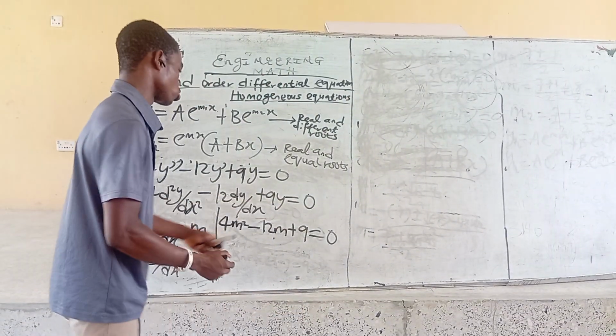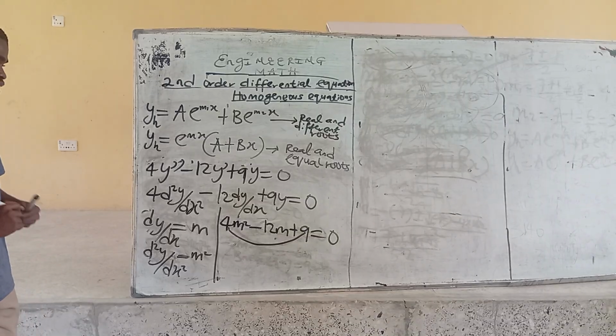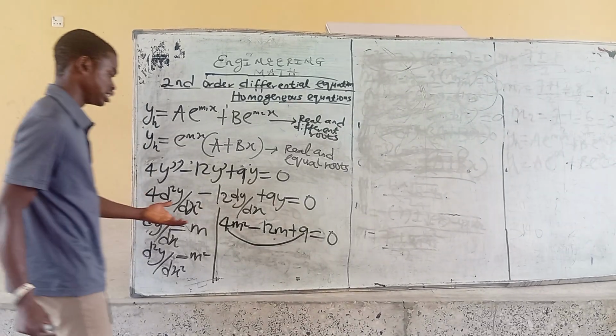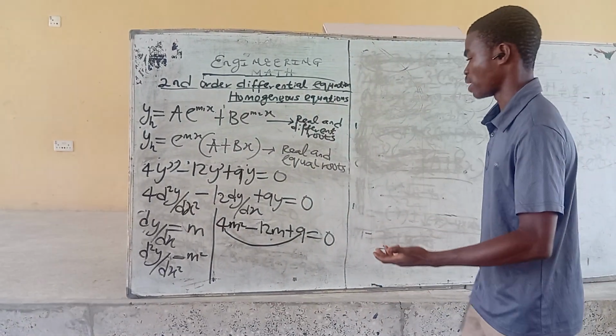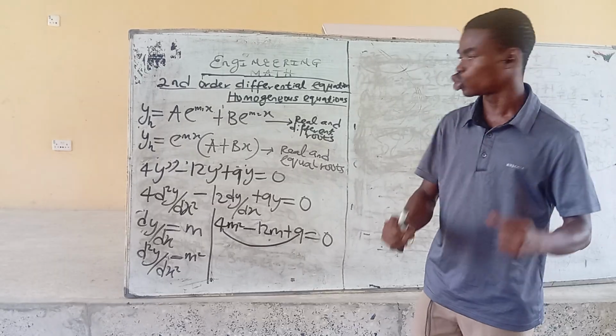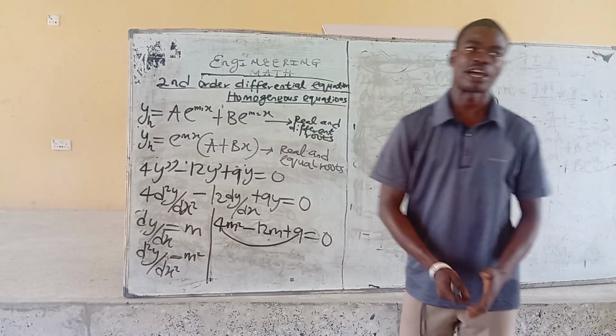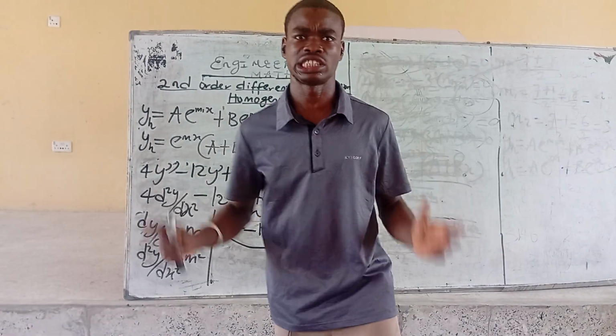Factorization method is still working. So 9 times 4 is what? 36. So let's think of a number that will multiply to give us positive 36, and when we add, it will give us minus 12. So I go with minus 6 and minus 6.